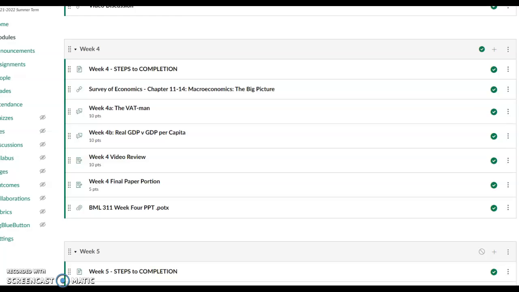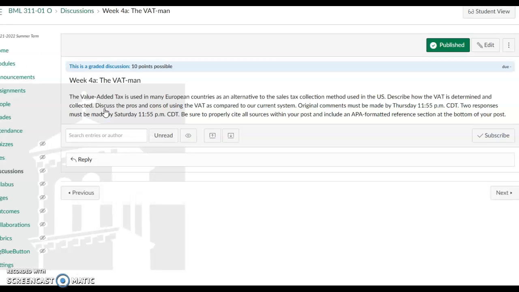So let's just get into the discussion post here in terms of what you are supposed to do for this week. And we're going to talk about the first discussion post assignment, the value added tax. What do you think about when you think about value added tax?